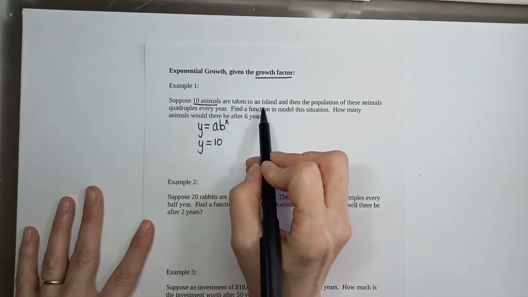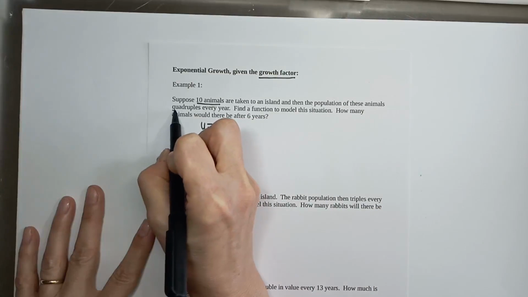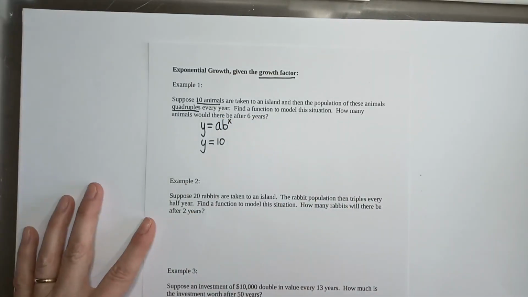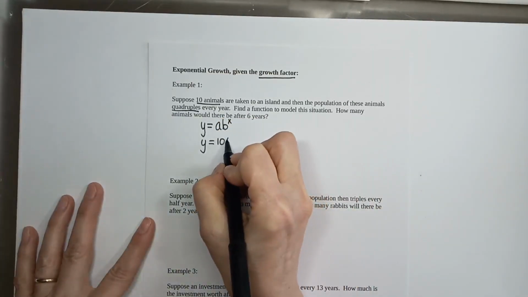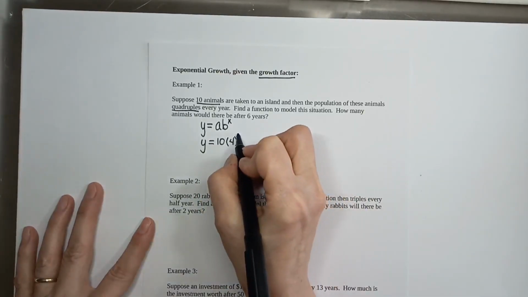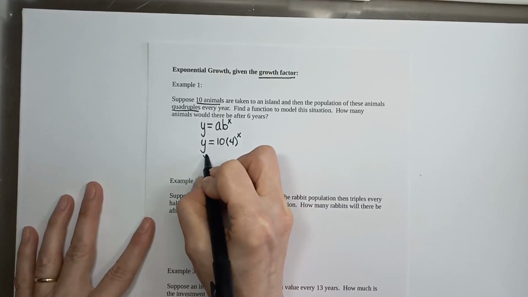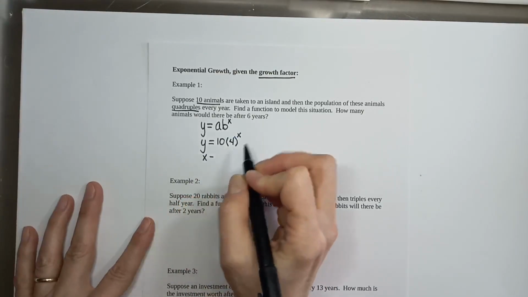Suppose 10 animals are taken to an island, and then the population of these animals quadruples. Means it multiplies times 4 every year. Now, something that I always have you do, and I want you to do for these problems, is to define what x is.